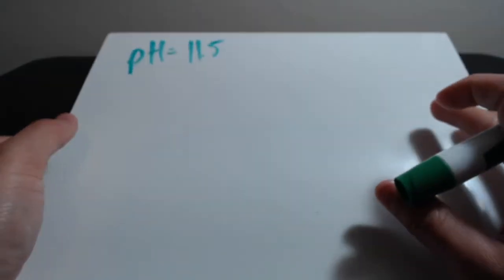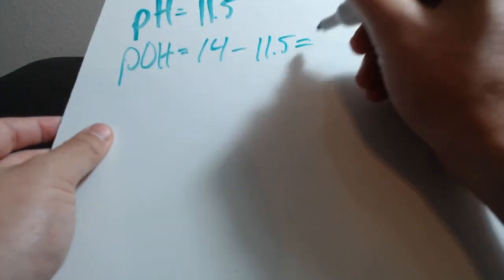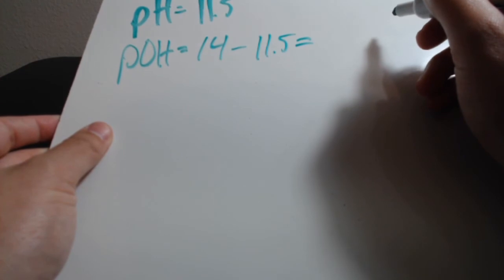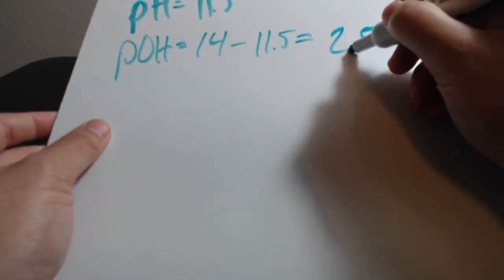So our first step would be take that pH and use it to find our pOH, which is pretty simple. Again, 14 minus the pH. So our pOH, 14 minus 11.5, is 2.5, our pOH.